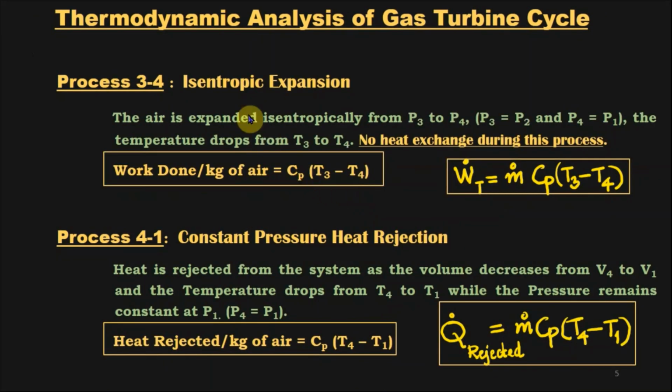And in the case of isentropic expansion in the turbine, the process is 3, 4. The work done by the hot air is Cp into T3 minus T4 in the ideal case. So the specific work done by the air during the isentropic expansion is given by Cp into T3 minus T4.